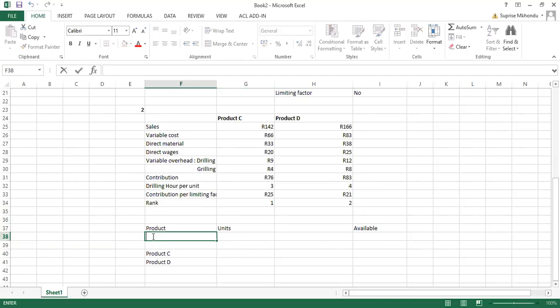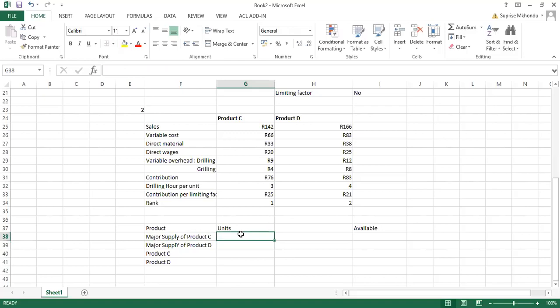So there will be, let's just say, a major supply of product C, a major supply of product D. All right. So they must produce 50 of each product.